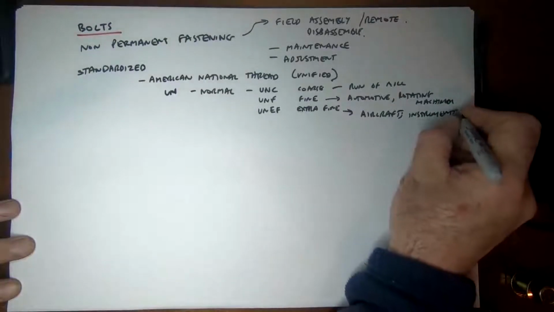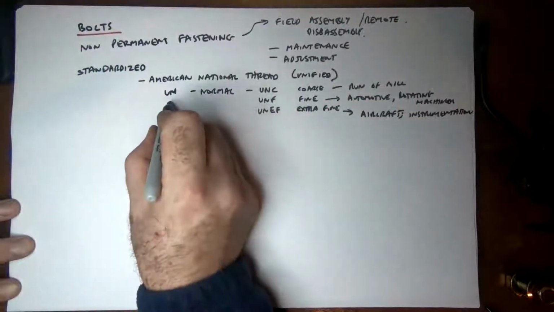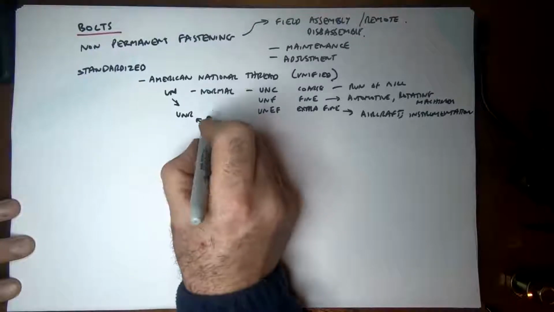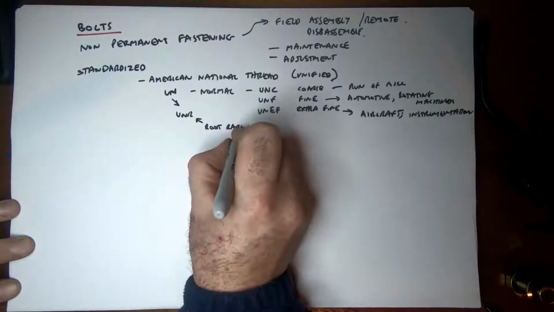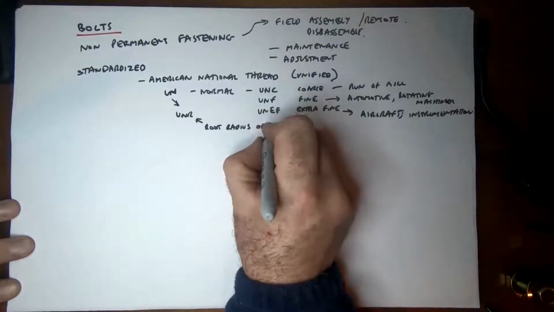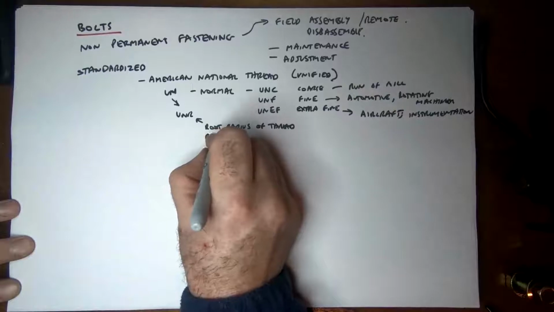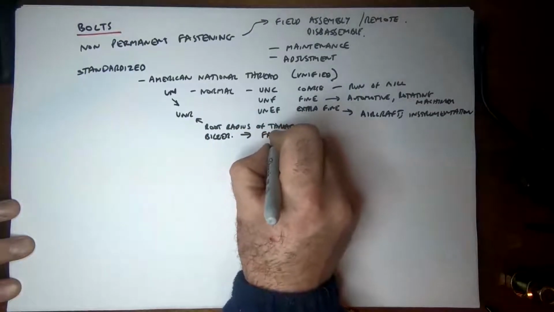There is another subset of UN called UNR, which has the root radius of the thread. We'll talk more about that in a minute. It is bigger, and this is to improve fatigue.